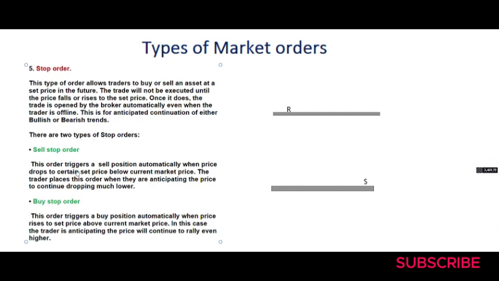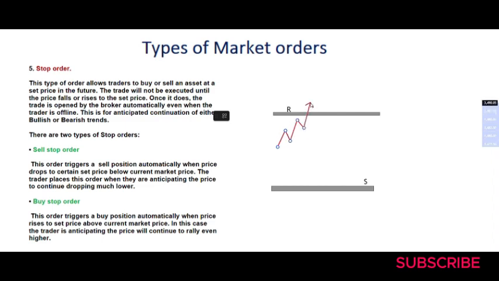We are going to start with an uptrend, okay? This is a buy stop order. So with a buy stop order, you are anticipating the price to continue higher. Just an illustration here. Let's say this is a resistance level and you have these higher highs and higher lows being formed, and the price blows above resistance, okay?